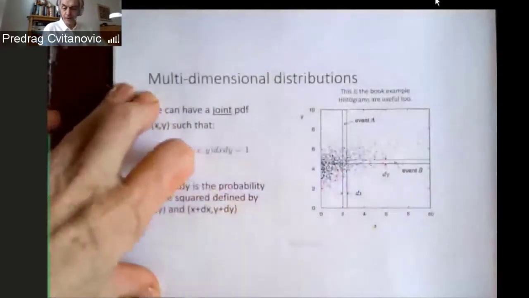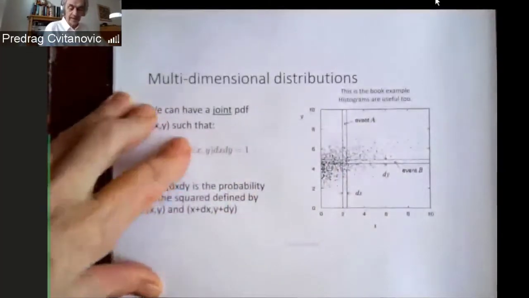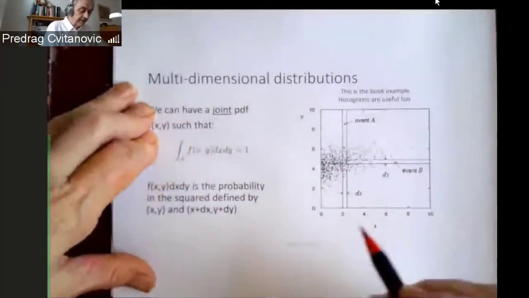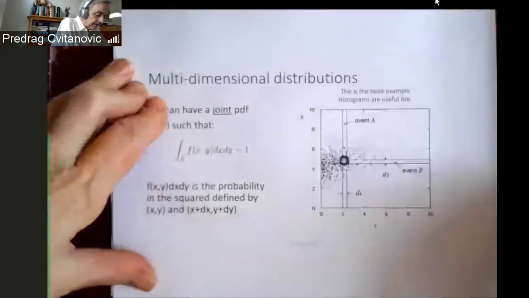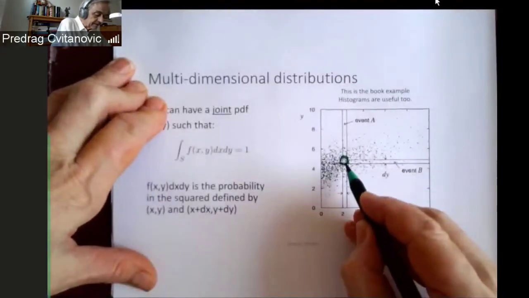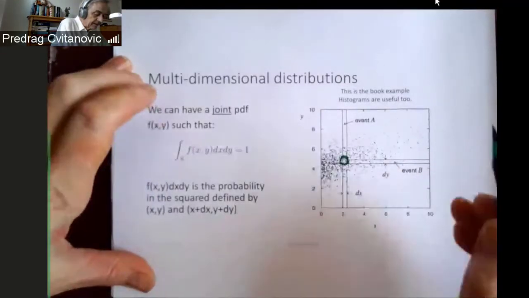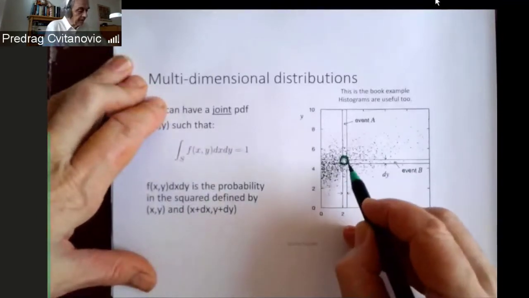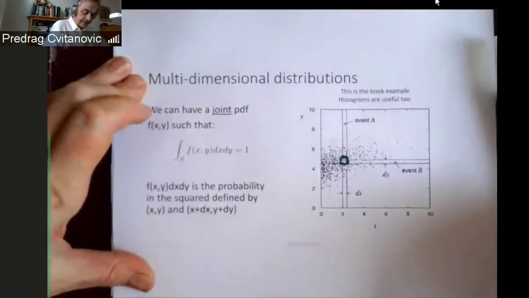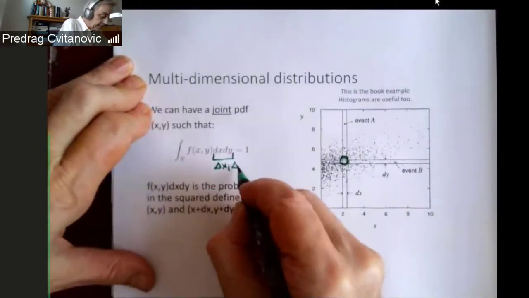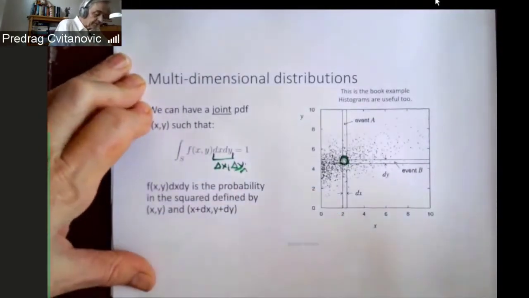So instead of having boxes which are intervals, now you have 2-dimensional boxes, and you compute the probability that out of hundreds of thousands of events, some of them end up in this little box. That little box is approximated by dx dy, and in the continuum limit, this becomes a density distribution, which is a joint density distribution.